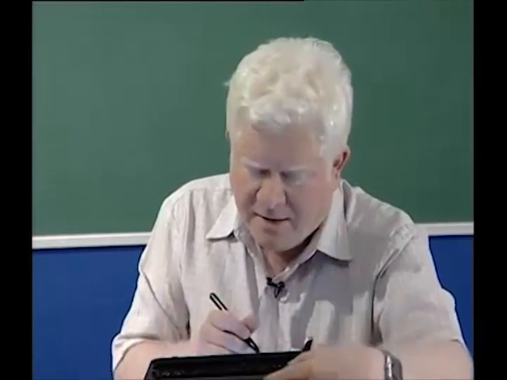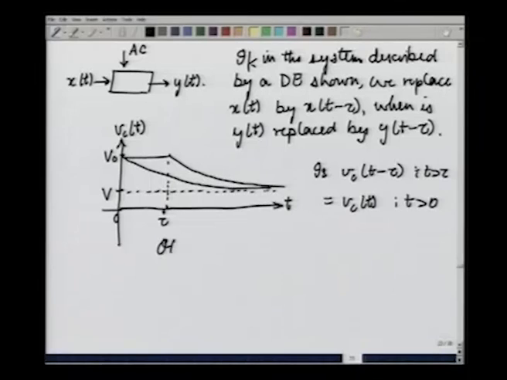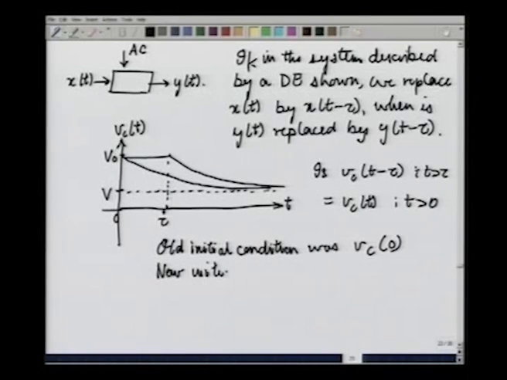Hence, the old initial condition was Vc of 0, because that was the time when the switch was closed. The new initial condition is Vc at tau.